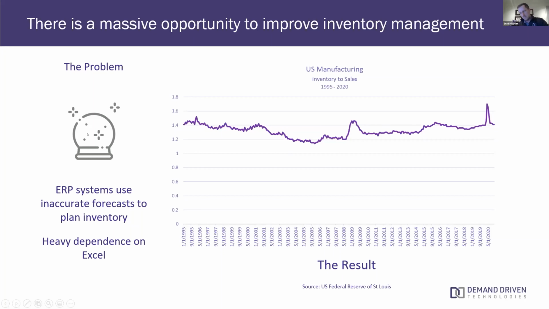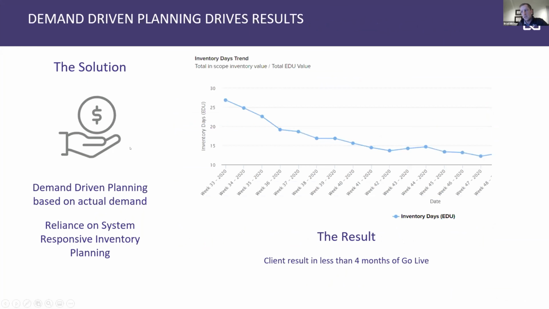So we're implementing big software and ERP and everything else, and we're really not moving the needle in terms of how we manage our inventory. And that's because we use forecasts to plan inventory, and we rely on Excel and analysis and mashing together supply and demand. And there's a better way to plan, as we've seen.